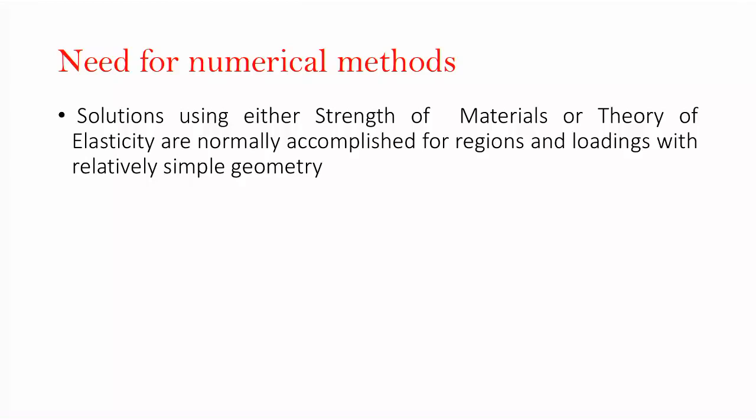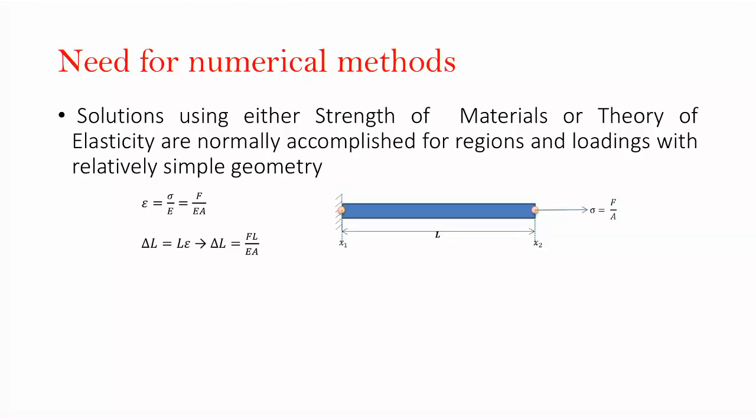But that one is only true for the specific geometry and specific loading. So when we have a complex structure, we cannot use that standard formula anymore. Or we need to be cautious to make only some simplifications and assumptions that don't affect the accuracy of the analysis. So here is an example.